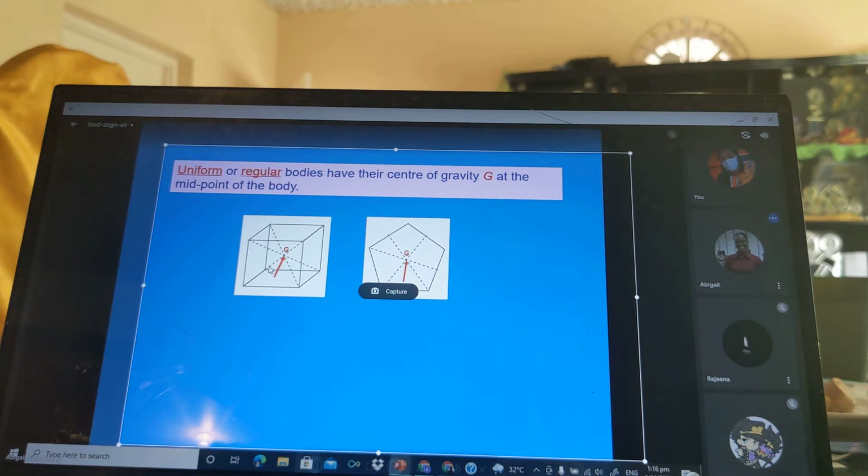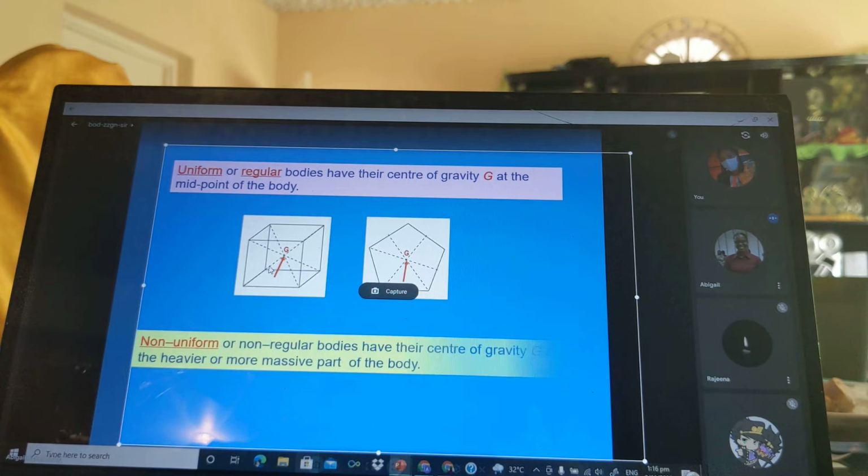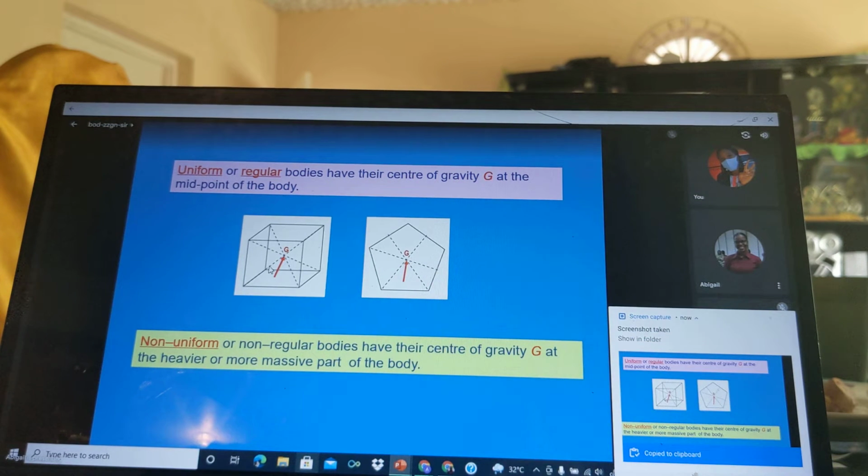That point where they intersect will be your center of gravity. The point at which they intersect is known as the center of gravity of the object. And that is for our regularly shaped objects, or we call them regularly shaped laminas, so to speak.